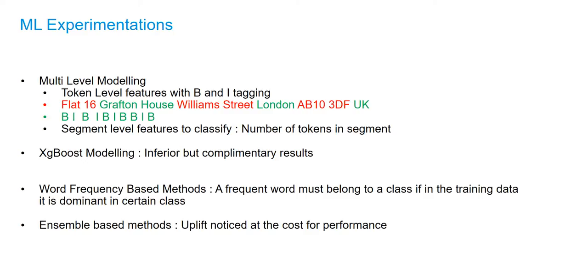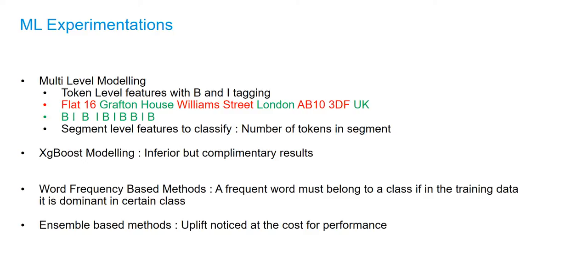And once we had these buckets, the only task left was to label these buckets. Once you know flat 16 comes in one single bucket, you just have to label it as house number. So you identify the segments and then label the segments.